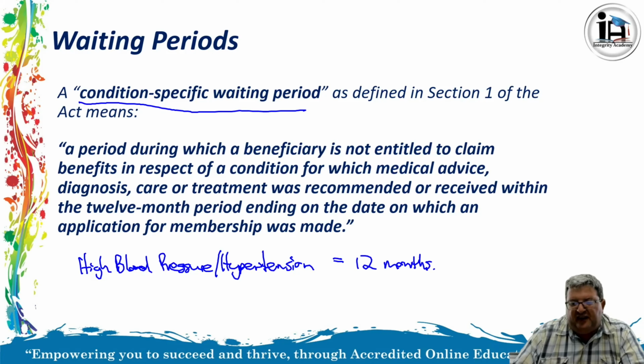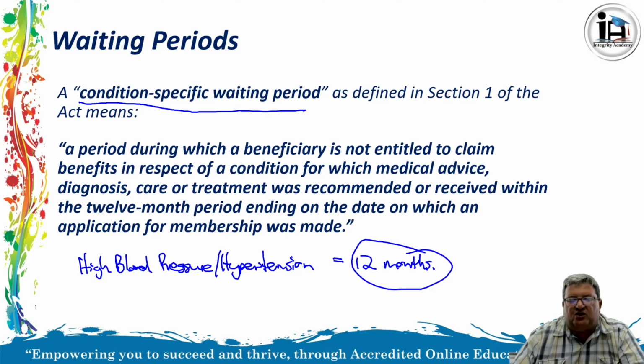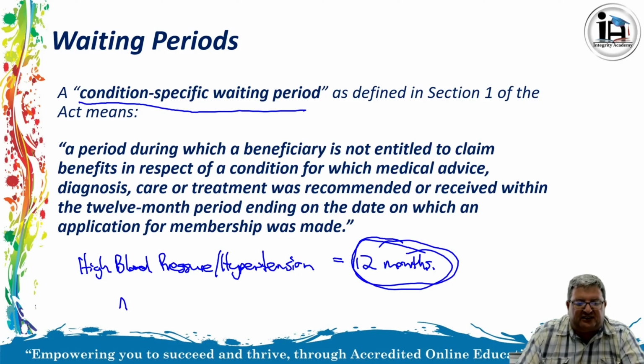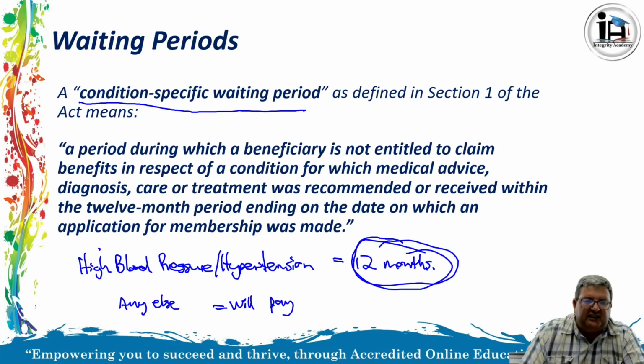So if you have to go to hospital or get an operation or this or that because of high blood pressure or hypertension, for the next 12 months, we will not pay it. Anything else, not a problem. We will pay. So it's just that specific condition.